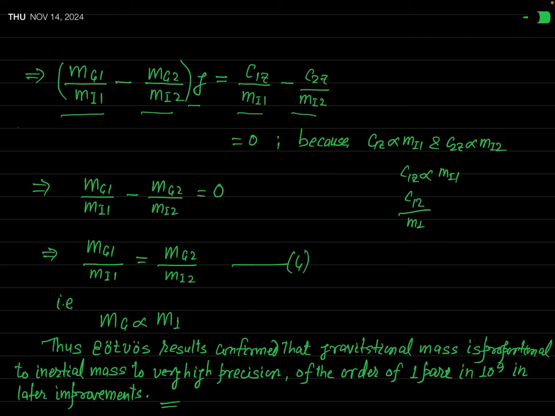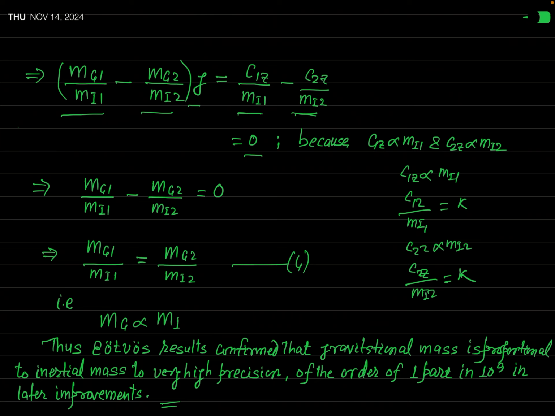Similarly, c2z is proportional to mi2, so c2z over mi2 will also be a constant k. Therefore, this term and this term will be equal, and therefore when you subtract one term from another, your result will be 0. Okay?